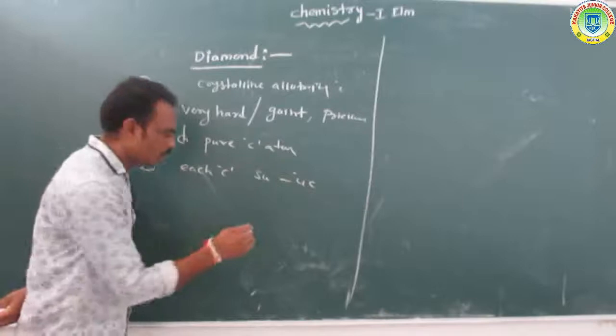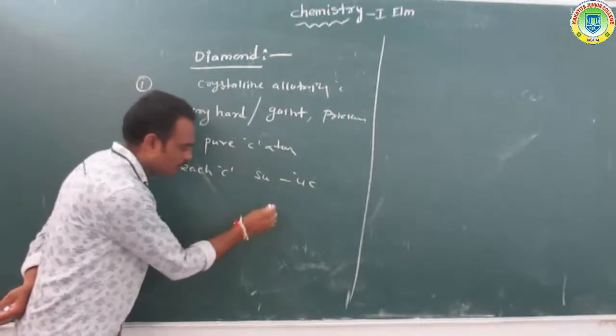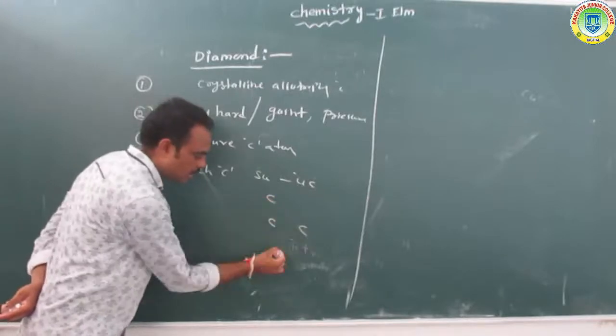Suppose for example, we have taken diamond. So it is one carbon, it is another carbon, another carbon, another carbon.